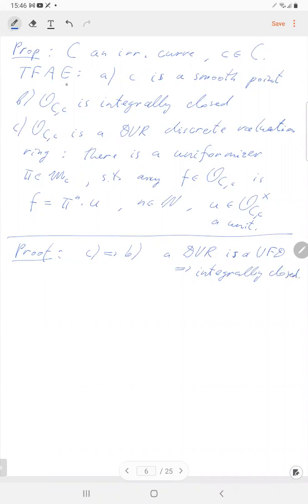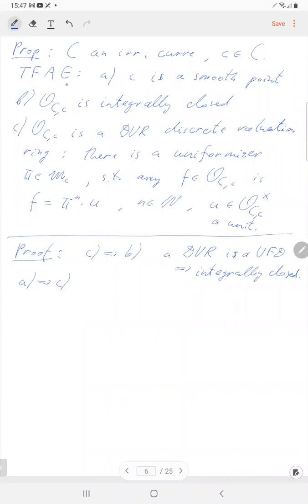Okay, now let's prove that A implies C. So we know that it's a smooth point, and we want to prove that it's a DVR.